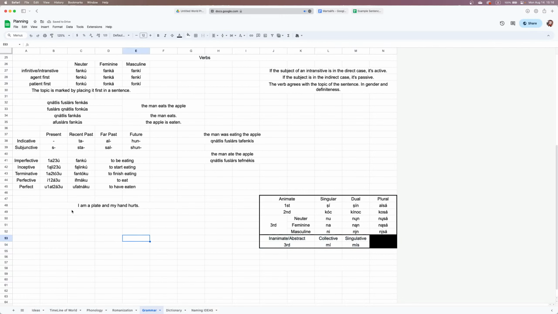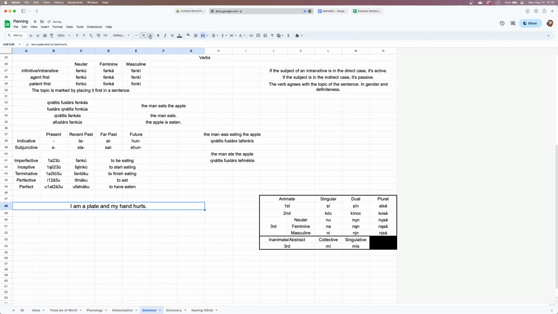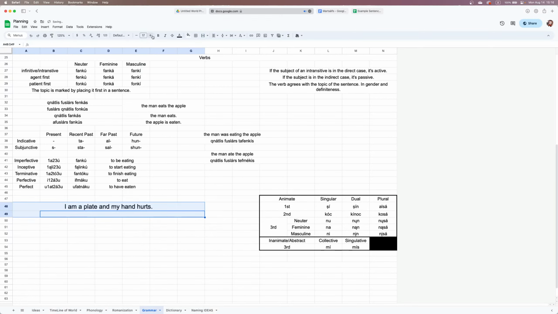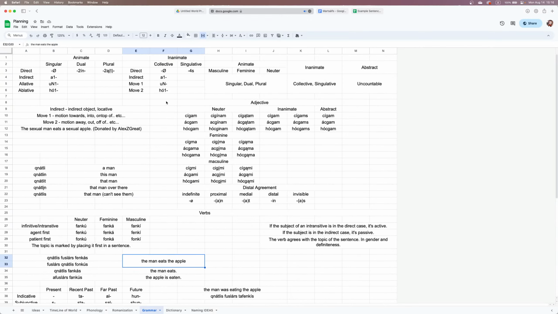So then, moving back to our example sentence. Let me turn up the size. The start of the sentence. I have yet to do word order either, have I?